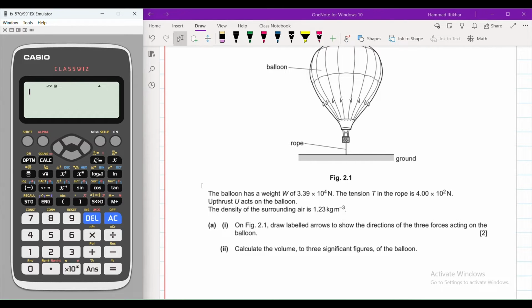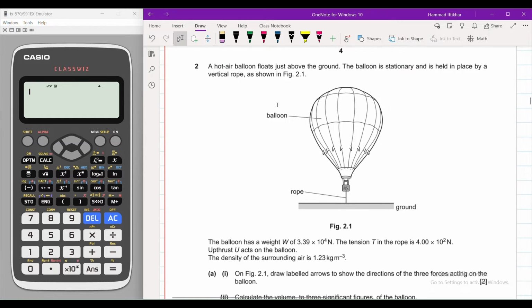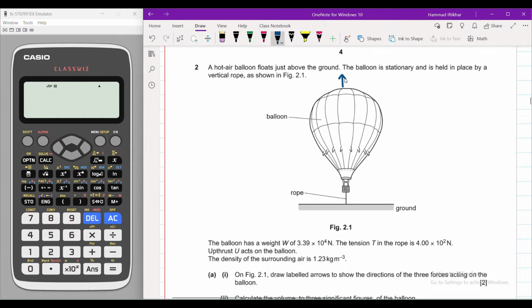On figure 2.1, draw labeled arrows to show the directions of the three forces acting on the balloon. We know that upthrust will be causing the balloon to go upwards. Weight is bringing it downwards.